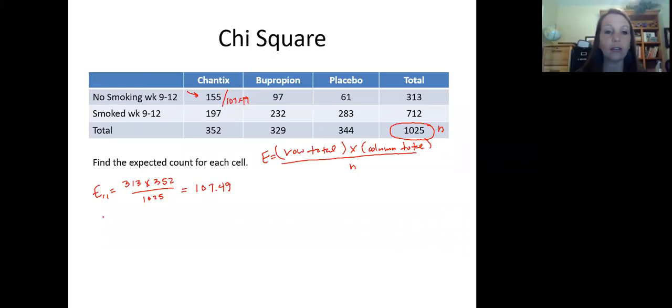All right, then I can find the expected count for the next cell. Same thing, if I'm looking at bupropion with not smoking, my row total is 313 and my column total is 329. So I have 313 times 329 divided by 1025, and I get 100.47.